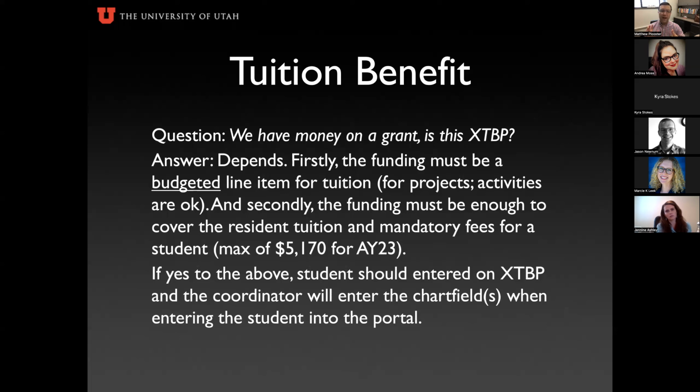So if yes to the above, tuition is budgeted onto that grant, onto that project, and there's enough money on that budgeted tuition line to cover the entirety of the resident tuition and mandatory fees, absolutely go ahead and put that student on extended tuition benefit. And you'll enter the chart field or chart fields if there's more than one at that time of entry. But let's say there's only $1,000 budgeted on there, then that is not extended tuition benefit.